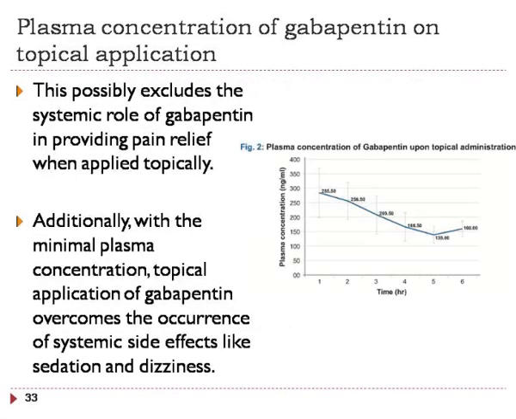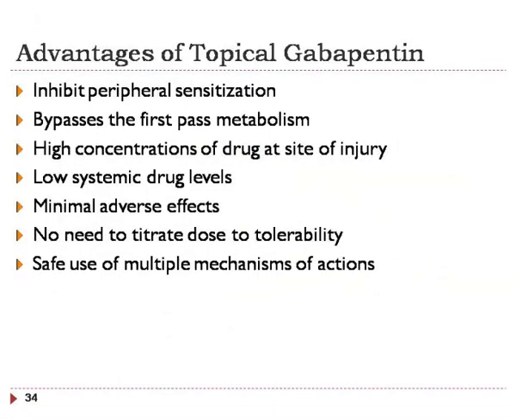The plasma concentration of gabapentin on topical application, as you can see here, was not that high, and it is devoid of all those side effects of the systemic administration of gabapentin. So the advantages of topical gabapentin: it inhibits peripheral sensitization, bypasses first-pass metabolism, is not metabolized in the liver, gives high drug concentration at the site of injury, low systemic drug level, minimal adverse effects, no need to titrate dose to tolerability, and safe use of multiple mechanisms of action.